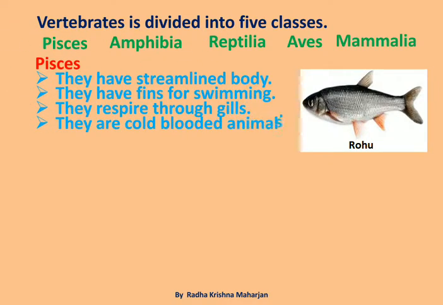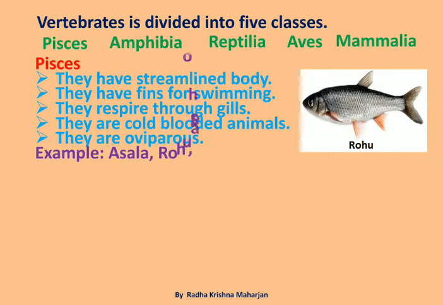They are cold-blooded animals. They are oviparous. Example: asala, rohu, seahorse.